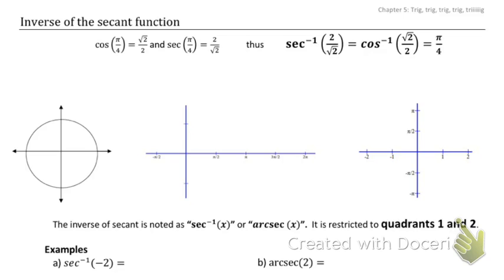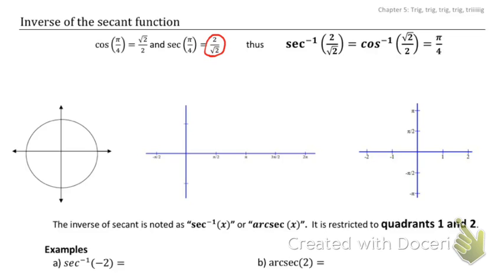All right, let's go ahead and move on to the inverse of the secant function. Well, if you understood the cosecant, you'll understand secant. The only difference is we're going to talk about cosine. So if you know the cosine of pi over 4 equals square root of 2 over 2, that means the secant of pi over 4 will be that reciprocal, 2 over square root of 2. And remember, inverses go the opposite direction.